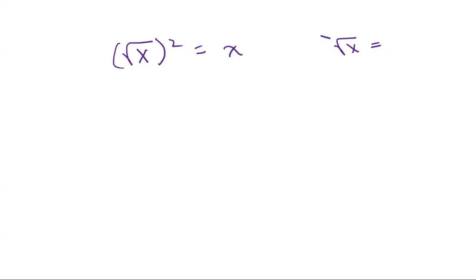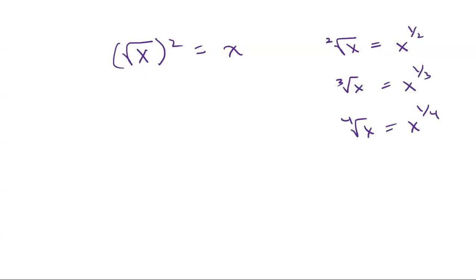We don't write it, but there's a root 2 here. So I can rewrite this as x to the 1/2 power. If I have the cubic root of x, I can rewrite that as x to the 1/3 power. If I have the fourth root of x, it's x to the 1/4 power, and so on and so forth.